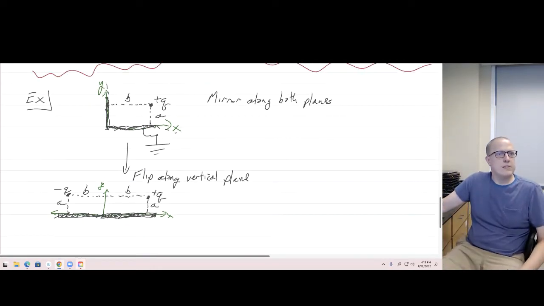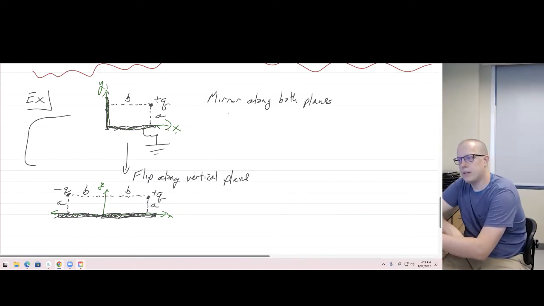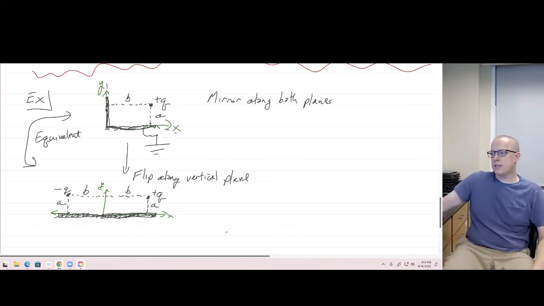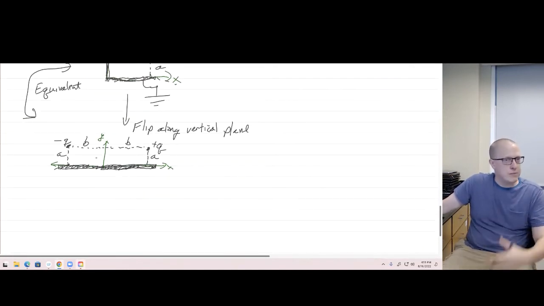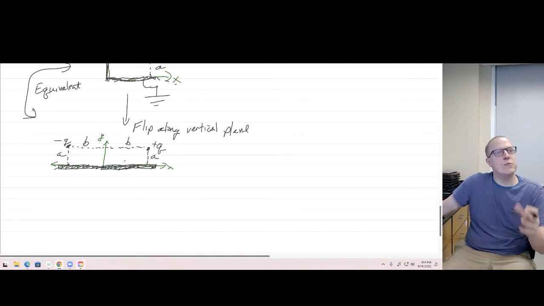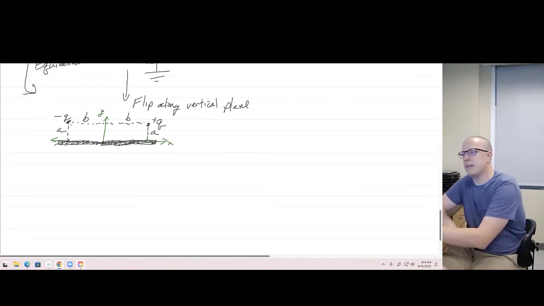And so the idea is we've dealt with the vertical thing, and now this problem and this problem are equivalent problems, right? So if I can solve this problem, that solution will be the exact same as the one up here, right? However, this problem is still not so easy to deal with because I still have this infinite grounded plane. And so I'm going to take it one step further and do the same thing again.